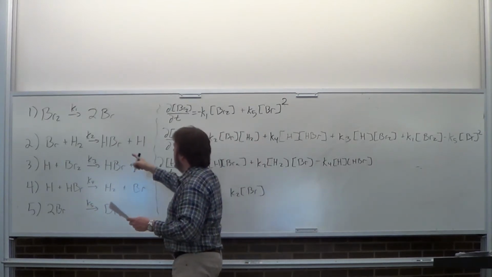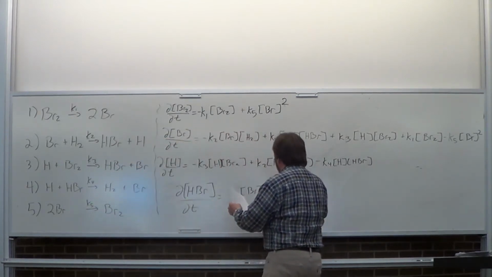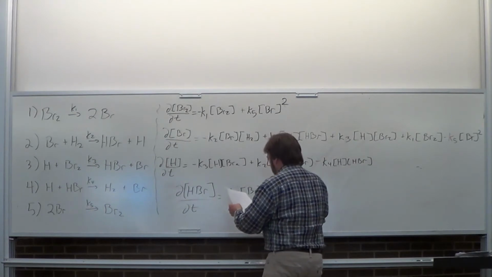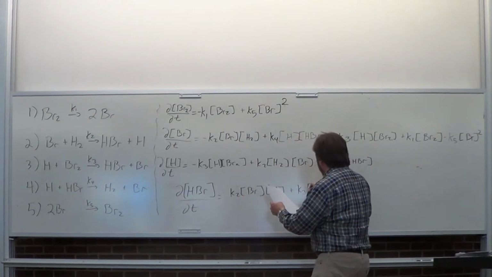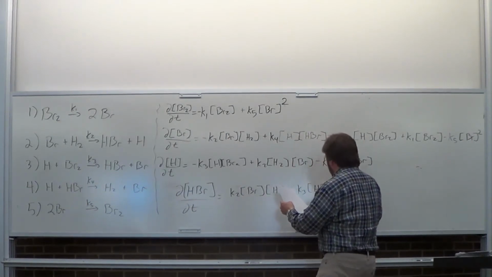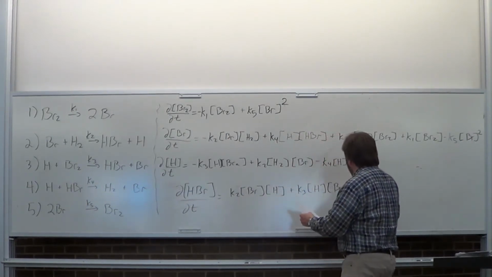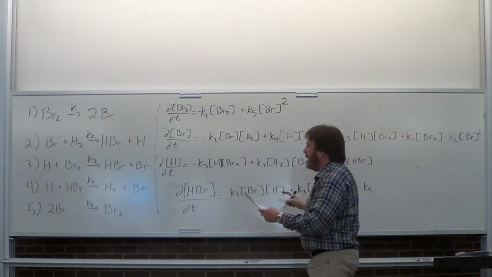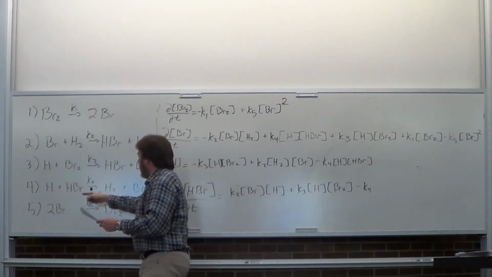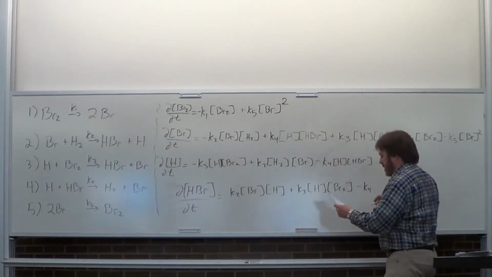Let me actually look at it. Okay, yeah, it's being produced there, K2 BR and H. Plus K3 is producing it. Those are productive. And DR2. God, sorry, my handwriting is awful today. So, and then minus, then it gets consumed in number 4.